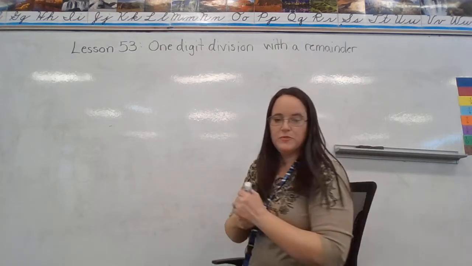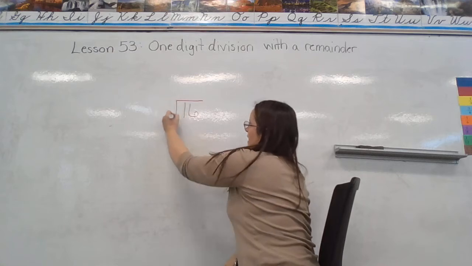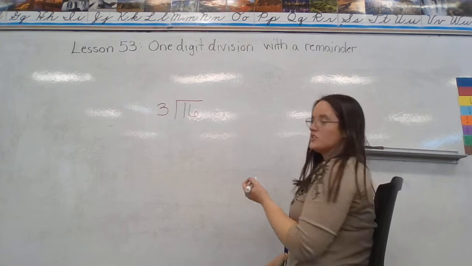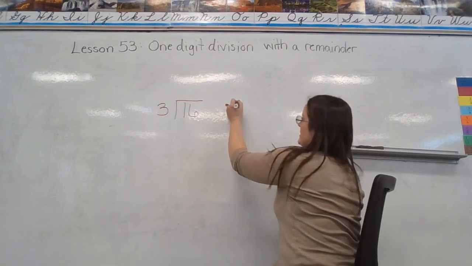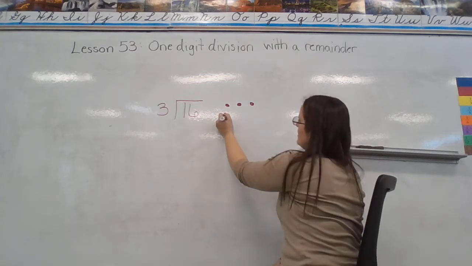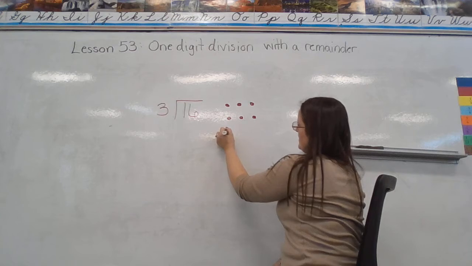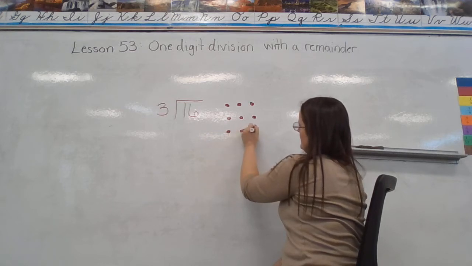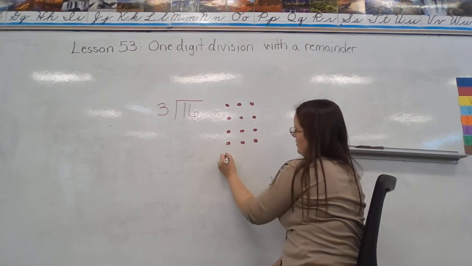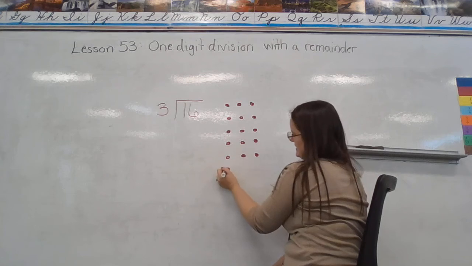For our next problem, we're going to do 16 divided by 3. So let's start with 16 dots. And I'm even going to put them in groups of 3. So I have 1, 2, 3, 4, 5, 6, 7, 8, 9, 10, 11, 12, 13, 14, 15, 16.